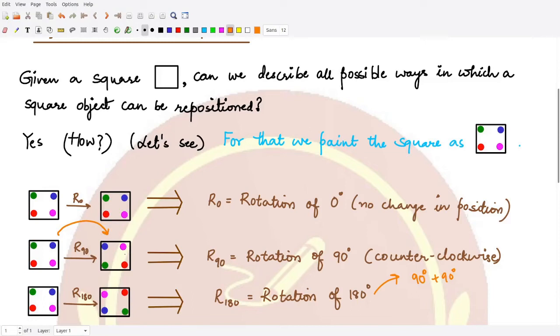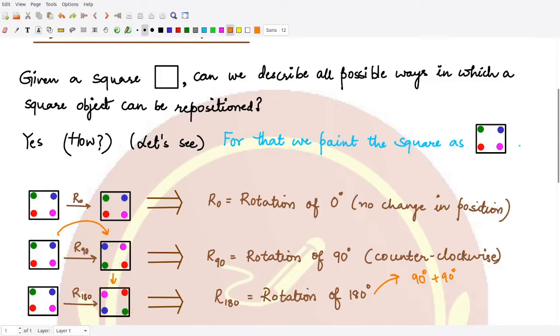Now onto this square, if you again apply the rotation R90, you will end up at this square here, right? So this color would be moved here, this color would be moved here, this color would be moved here, and this color would be moved here, so that you will have this square.